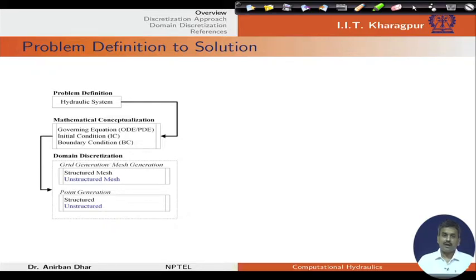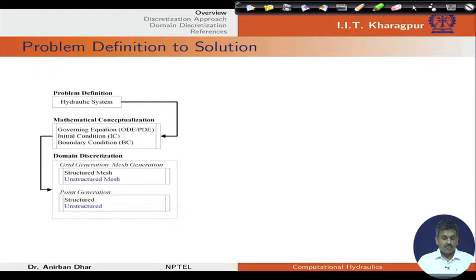They can be either structured or unstructured in nature. So, for discrete points we can get the variable or field variable value.